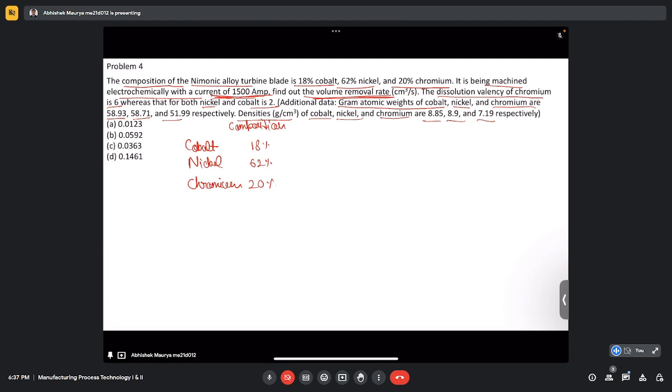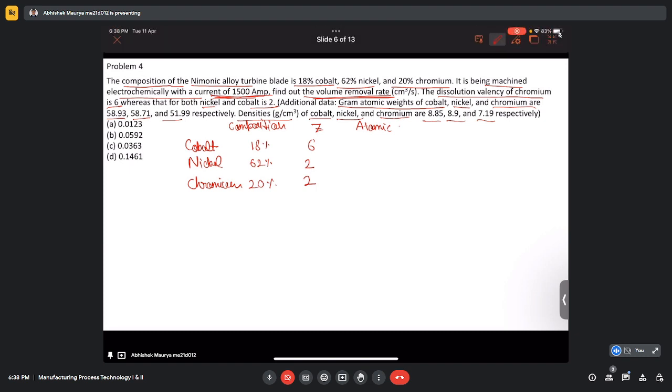And what else is given? The valency of each element is given, that is Z. For cobalt it is given 6, whereas for nickel and chromium it is given 2. As well as atomic weight of each element is given. Not atomic weight, they have directly given gram atomic weight.